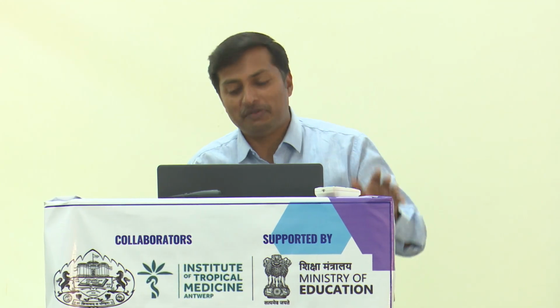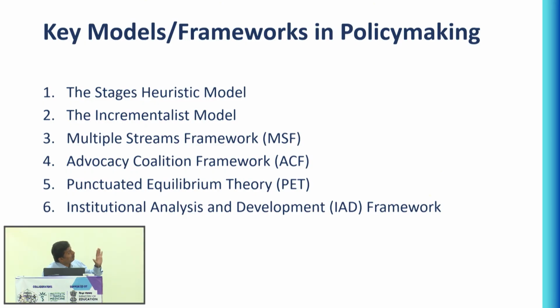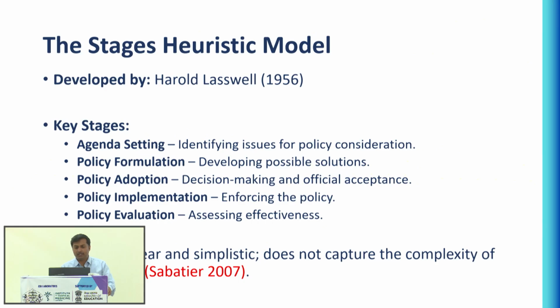Oh, there are these wonderful 4 stages. But does this work in that logical sequence in the real world? So there are different frameworks and models. These are some of the key models and frameworks used in policy making: the stages heuristic model, the incrementalist model, multiple streams model, advocacy coalition framework, punctuated equilibrium, and institutional analysis. I'll just quickly run through them.